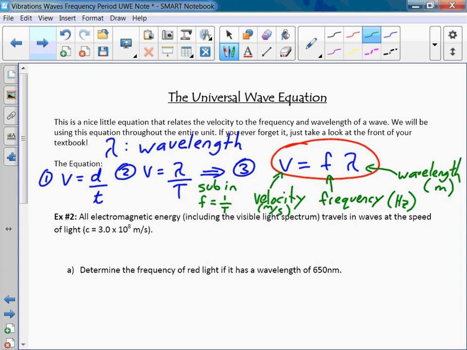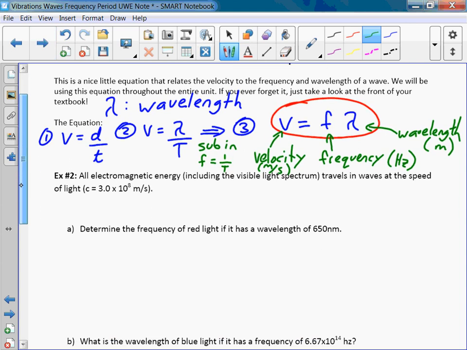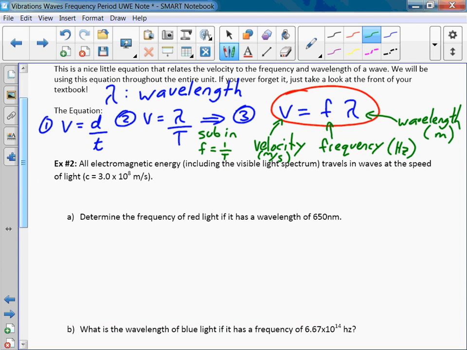All right, let's do an example. This example deals with light. All electromagnetic energy, including the visible light spectrum, travels in waves. I've got to put a little asterisk there.